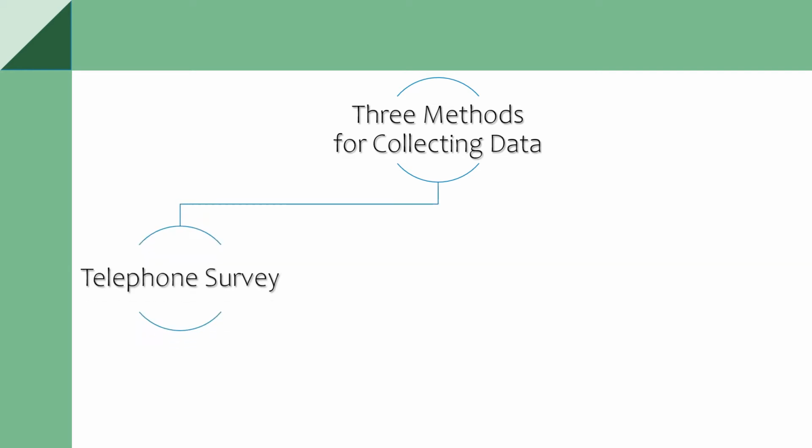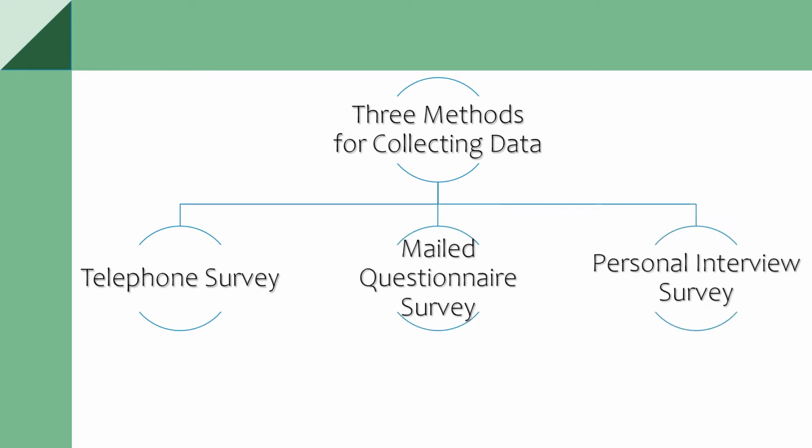Number one is the telephone survey. Next is the mail questionnaire survey. And the last one is the personal interview survey. We will get to know the advantages and disadvantages of those three methods for collecting data.